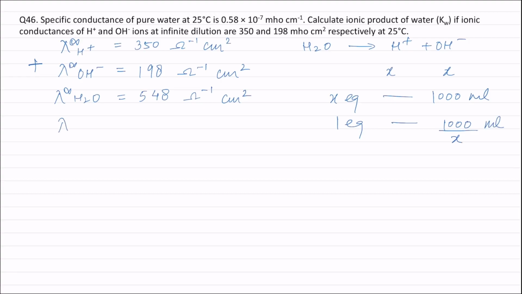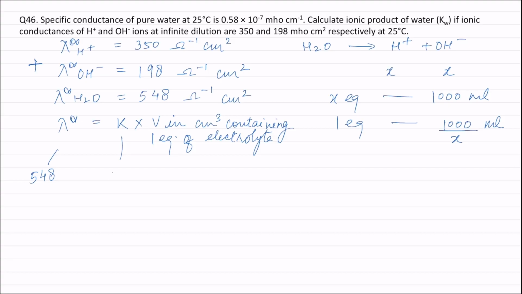Now, equivalent conductance at infinite dilution is equal to specific conductance into volume in centimeter cube containing one equivalent of electrolyte. Equivalent conductance at infinite dilution is 548.